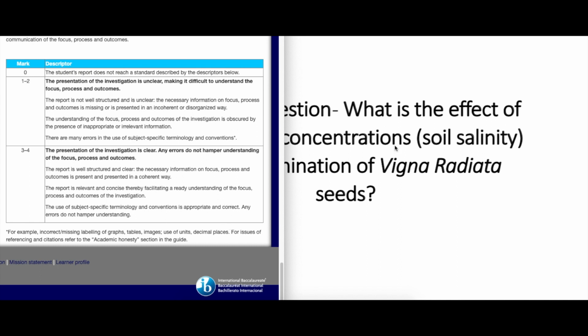So, incorrect subject convention, because in biology, you're not naming the species with a capital letter. That is something that immediately is going to push the student out of this particular descriptor and start saying that, okay, if it's a good report and it's pretty much got a lot of the other things, then it can get 3 for communication. But I haven't gone in to look at the rest of the components as yet. That's what I'm about to do now.